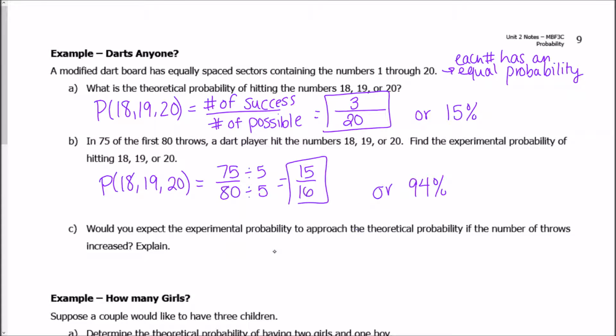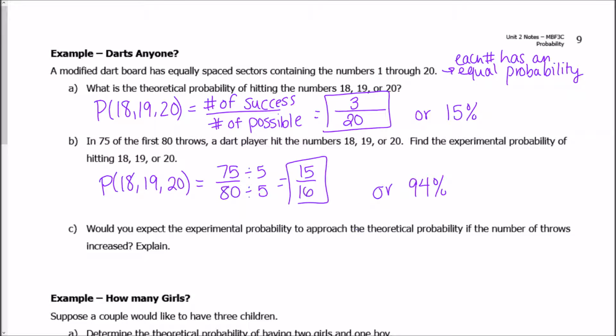Part C says, would you expect the experimental probability to approach the theoretical probability if the number of throws increased? And we want to explain why. If you have control over it, you probably are not going to expect that to happen. In a dartboard, you have control. You can aim at the 18, 19, or 20. But when you're flipping a coin, you don't really have control. Whatever you get is whatever you get. So when you flip a coin, you'll expect it to get closer to 50%. But when you're aiming at a dartboard, you don't necessarily expect it to be 15%, because you are specifically trying to get 18, 19, or 20.